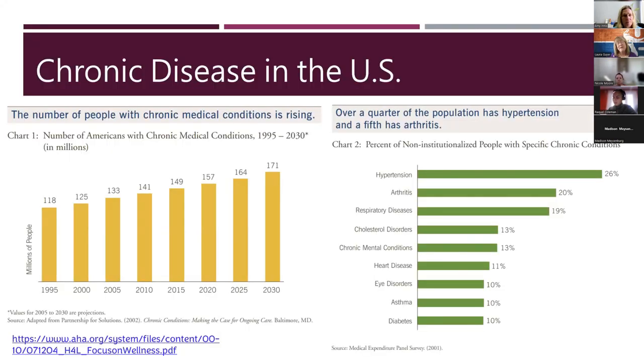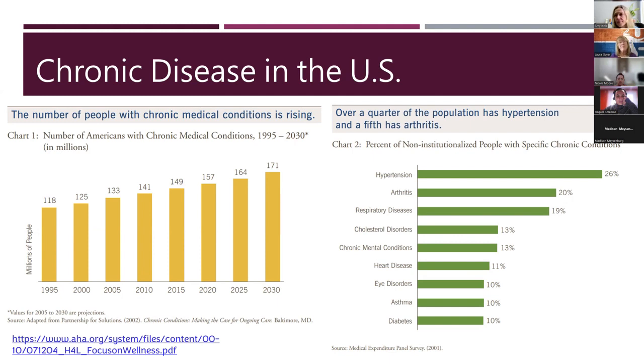And these two bar graphs show us the number of people with chronic medical conditions. And even though these data are old, we can see that they show a trend where the numbers are rising. We also can see that with regard to the types of chronic conditions that people are managing, with regard to diabetes, we know that still about a quarter of the people in America who live with diabetes haven't even been diagnosed.